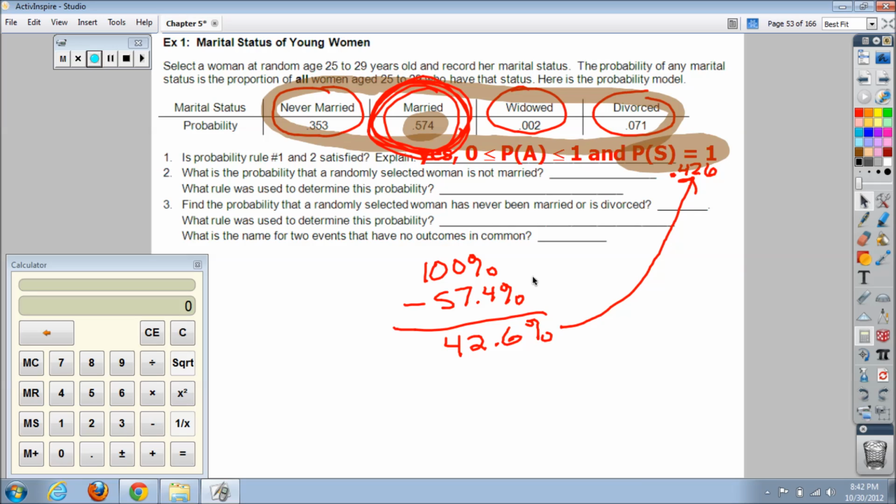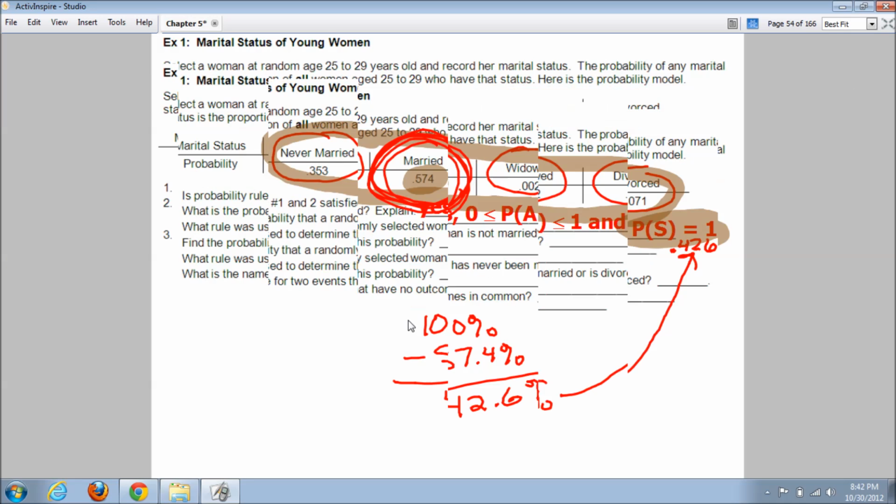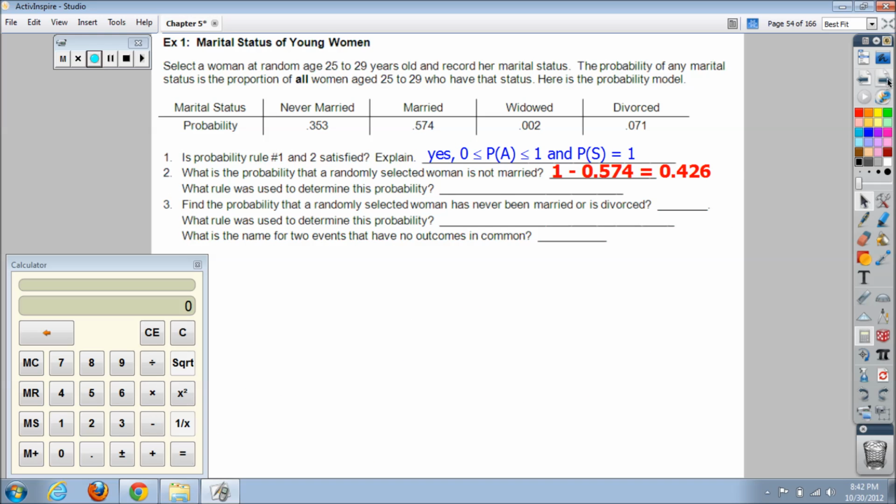Now, sometimes this is definitely going to be a time saver. It's not always going to be a time saver, only if you're talking about a very large sample size. Okay, and we will definitely use what's called the complement rule.